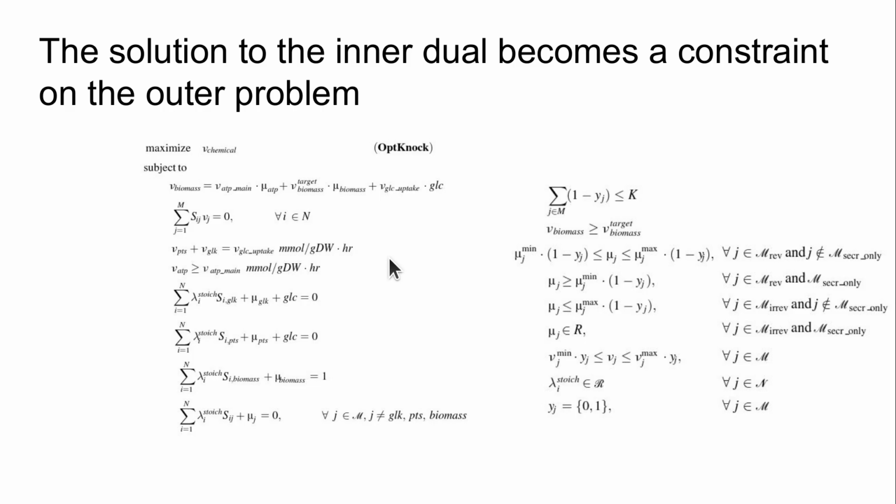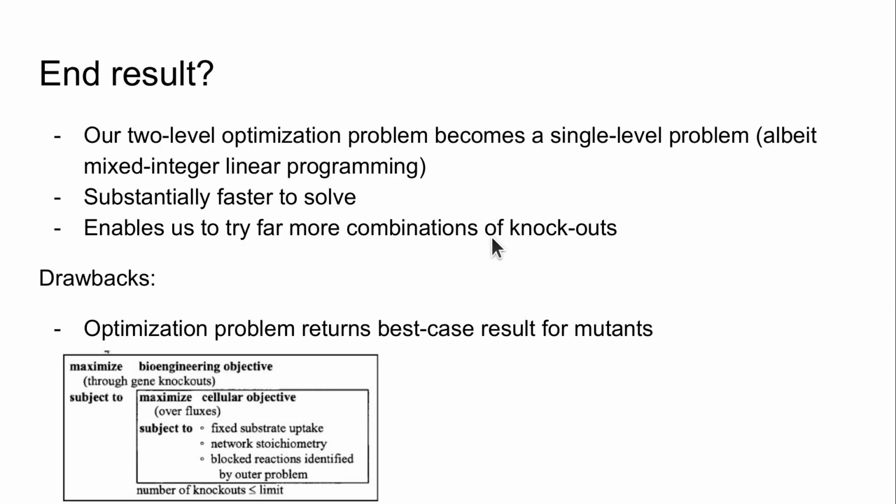This is, again, quite a bit outside the scope of TBT 4165 as a whole. But integer linear programming, or integer programming, is what we call NP, or I think NP complete problems that are very tricky to solve for various reasons. But nonetheless, it is still faster than doing it twice over. And that allows us to try more advanced knockout strategies, quintuple, sextuple knockouts, while still keeping a reasonable runtime on the order of, say, maybe at most a few hours.